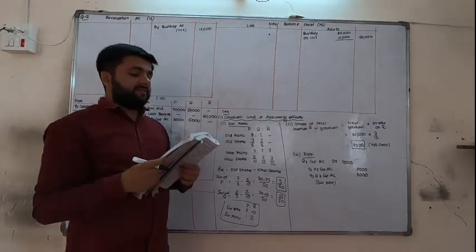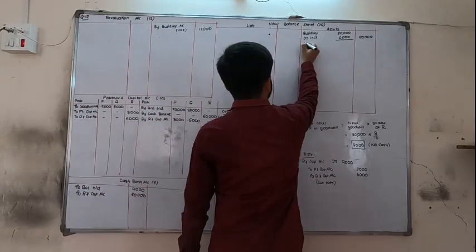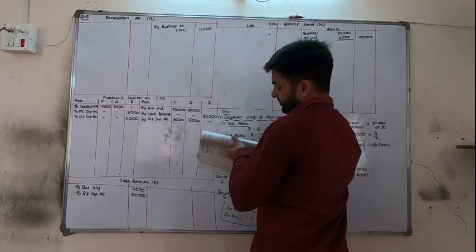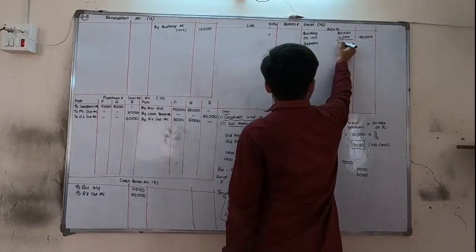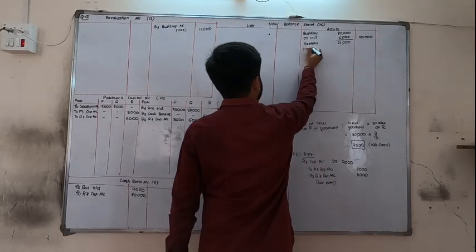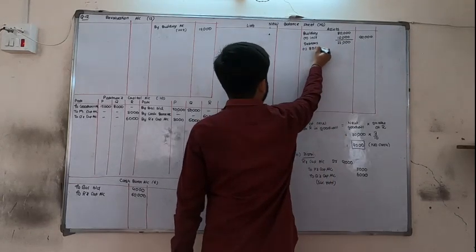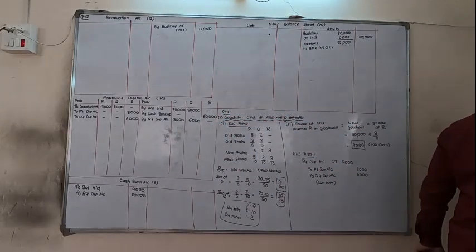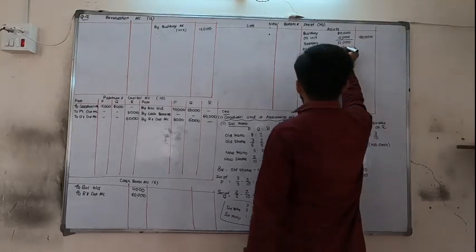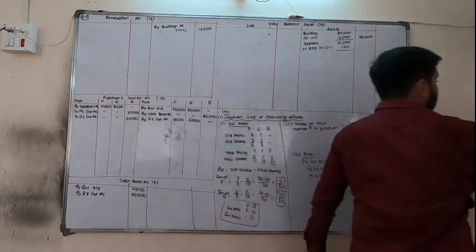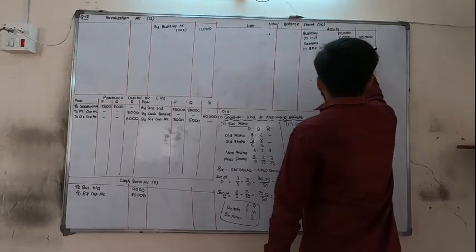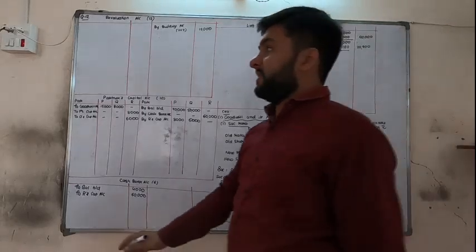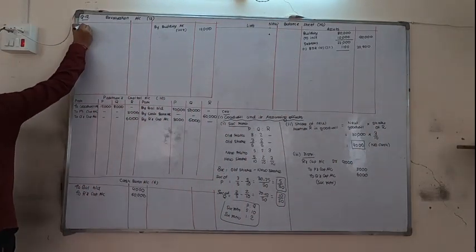Next, bad debt reserve is provided 5% on debtors. Debtors in the inner column 22,000. Now we have to give 5%. So minus BDR in bracket new in bracket 5%. So 22,000 into 5% is 1,100. Now friends, you will see one new thing in this sum. Old BDR is 2,900. Now see friends, what I said, always take the difference of bad debt reserve on the debit side. So what will you do?